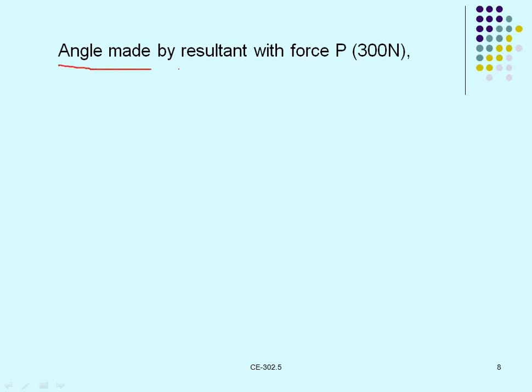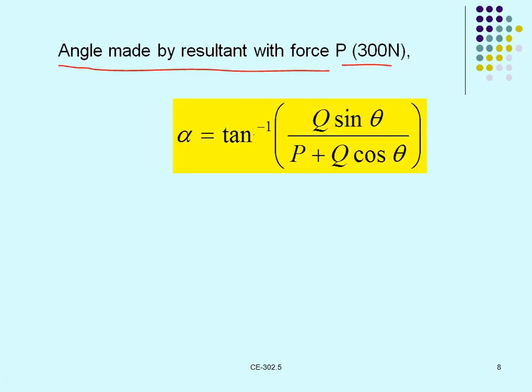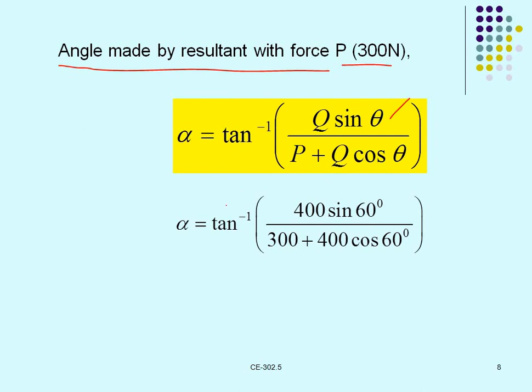Here the angle made by the resultant with force P, which is 300 newtons, alpha is equal to tan inverse of Q sin theta by P plus Q cos theta. Substituting, alpha is equal to tan inverse of Q is 400, theta is 60 degrees, P is 300 plus 400 cos 60 degrees, which is equal to 34.715 degrees.